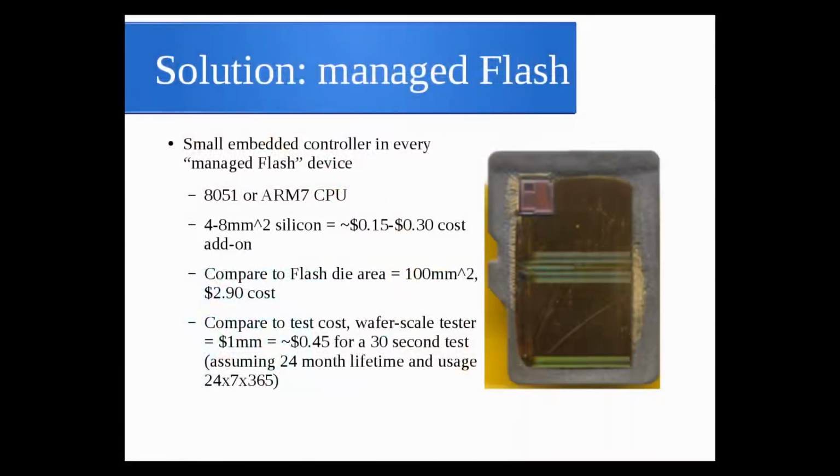You compare that to the die area of the flash, 100 square millimeters, which is about the size of this piece of flash memory here. It's about $3 cost. So it's a very minor cost add compared to the cost of the flash. And to put it in perspective, if you were to go ahead and, at the wafer scale, take the raw flash wafers and use a high-end wafer probe testing station, which costs about $1 million to purchase, and it takes you 30 seconds to test, the amortization of that tester alone for 30 seconds will cost you about 45 cents.